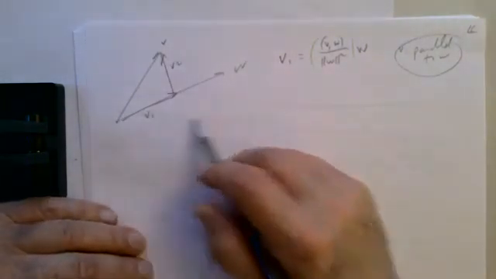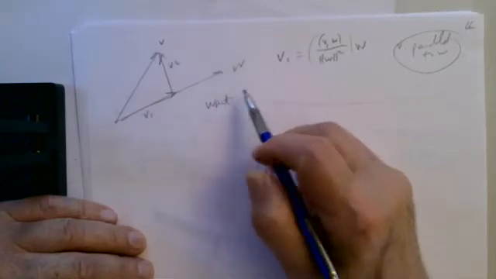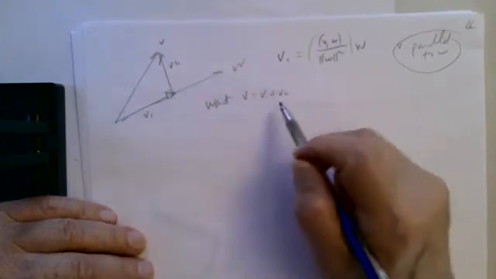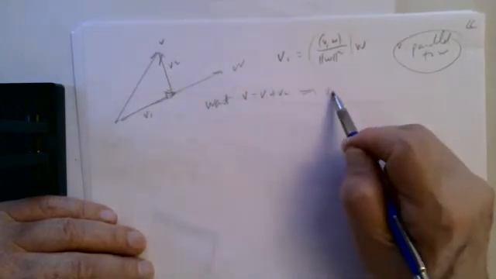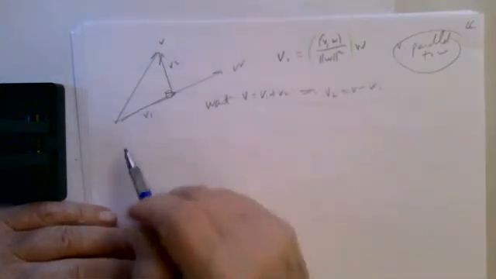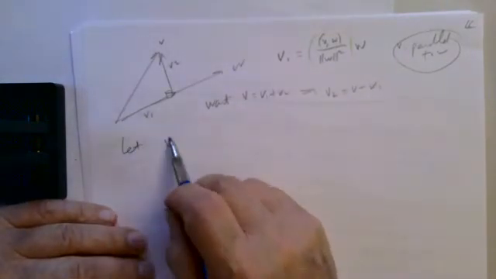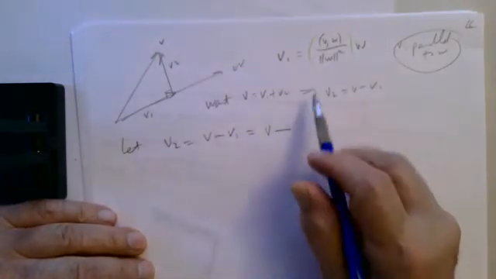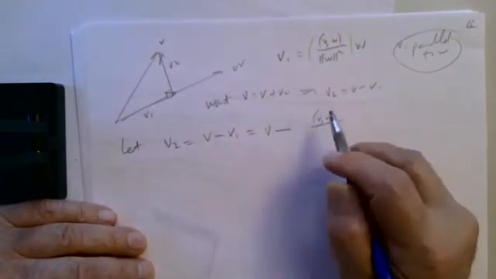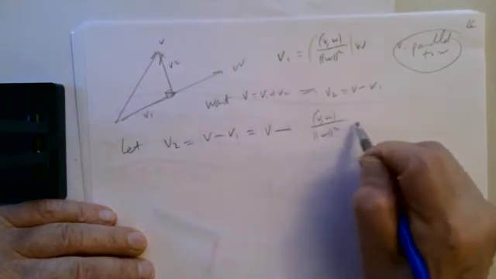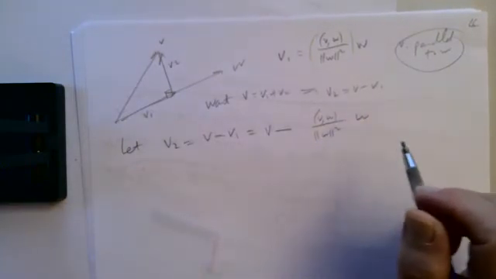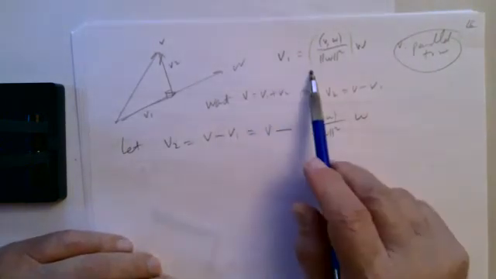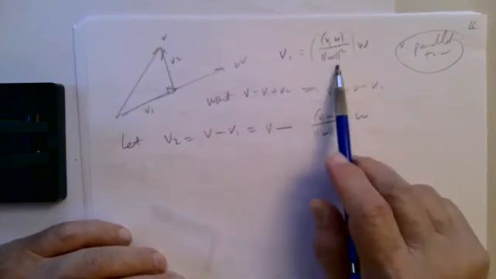And I want V to be V1 plus V2. So the only way that can happen is if V2 is V minus V1. So suppose I let V2 be V minus V1, which is V minus the inner product of V and W over the length of W squared times W. So what I know is this vector V1 is parallel to W because it's a scalar multiple.